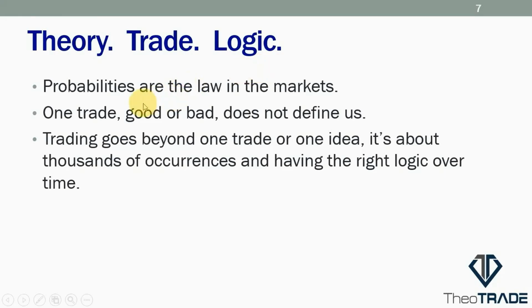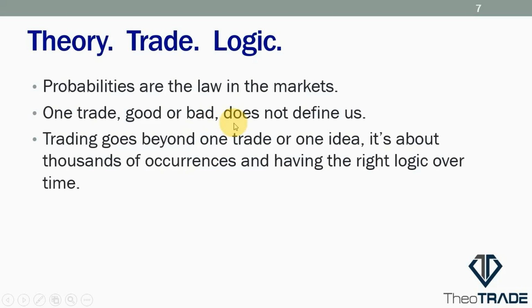The first thing you have to learn in this business is that probabilities really are law in these markets. And that one trade, good or bad, does not and cannot define you in this business.